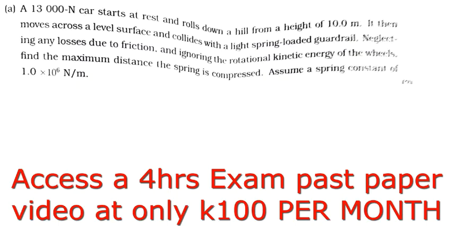Neglect any losses due to friction and ignore the rotational kinetic energy of the wheels. Find the maximum distance the spring is compressed. Assume that the spring constant is 1.0 times 10 to the power 6. Now, here is just simple stuff, and you need just to understand the simple principle.